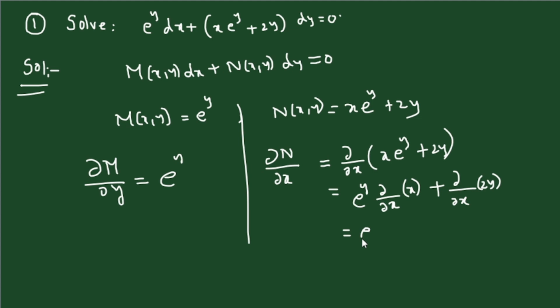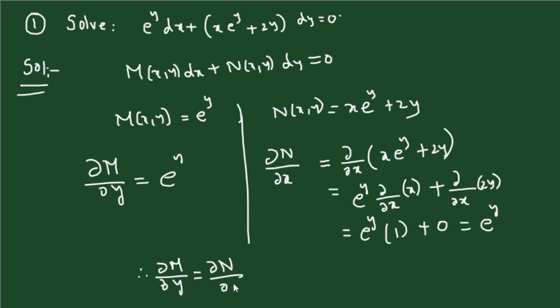Here, e power y into dou by dou x of x, and dou x by dou x is 1. Plus there is no x in this term, therefore the derivative is 0. So it is e power y. So therefore dou m by dou y is equal to dou n by dou x.